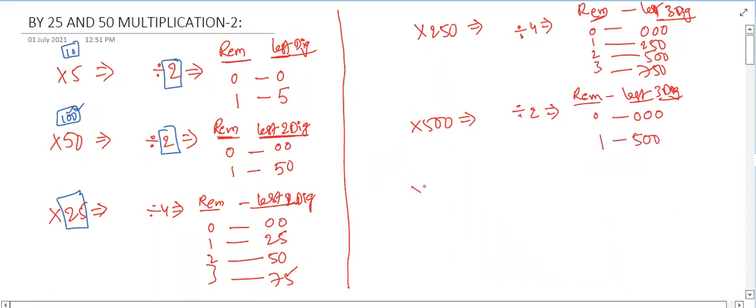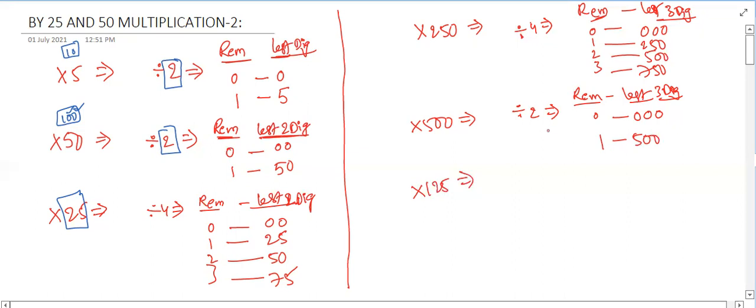And any number, instead of multiplying by 125, what can we do? 125 doubled is how much? 250. 250 doubled is 500. 500 doubled is 1000, which means 3 times we have doubled. 3 times doubling is nothing but the multiplication factor 8.